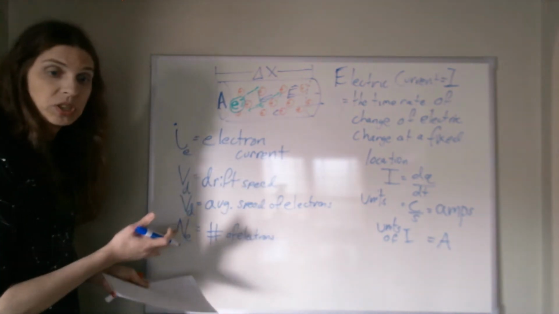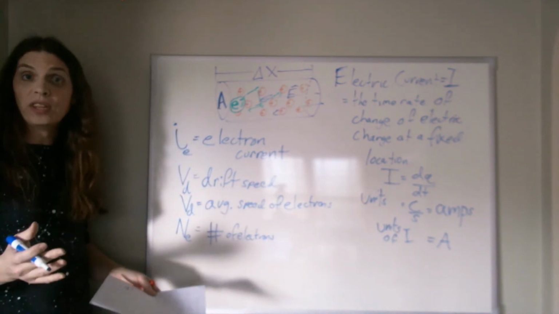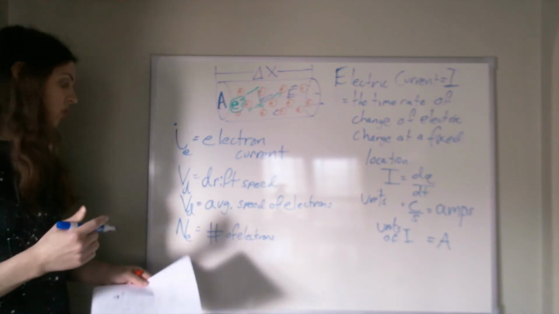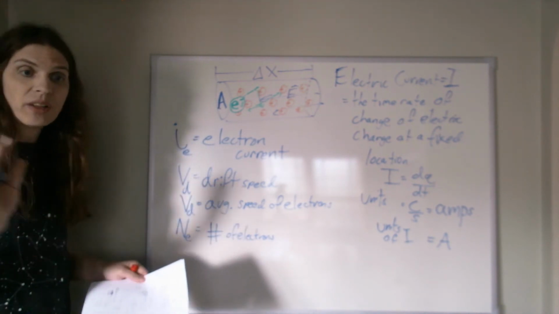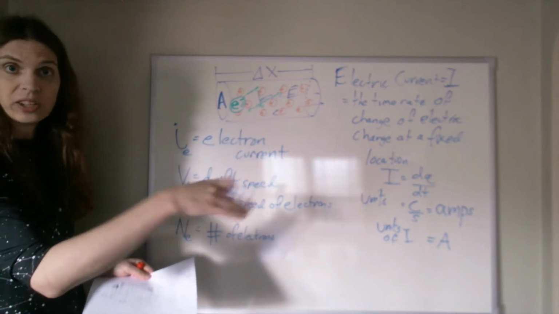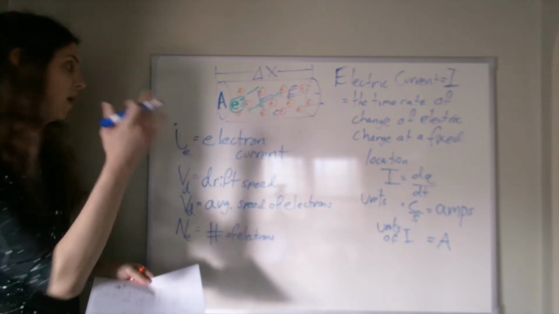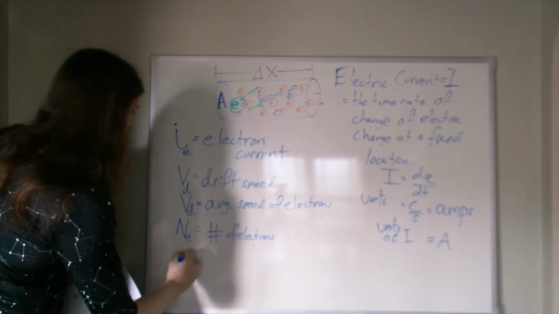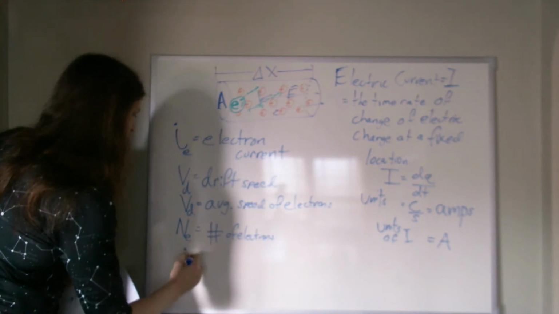And we're using this in our definition of electron current. So number of electrons passing through a location per unit time, that's going to be our electron current. So I'll go ahead and stick that down there.